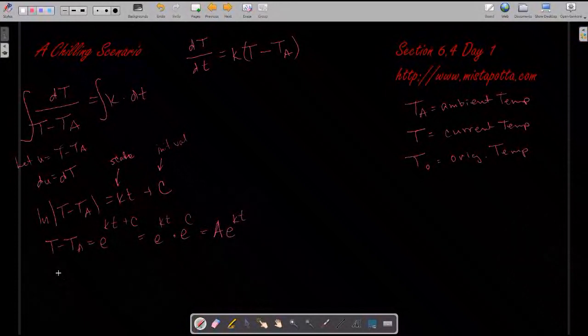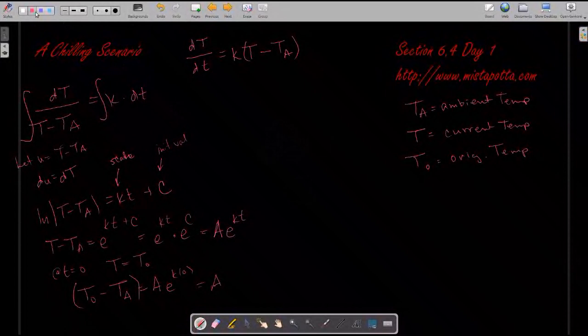Because what's really going to happen here is at t equals 0, my temperature is really my original temperature, and this becomes T_0 minus T_A is equal to A e to the k times 0, in other words, just A. So A is really the difference between my original temperature and my ambient temperature.